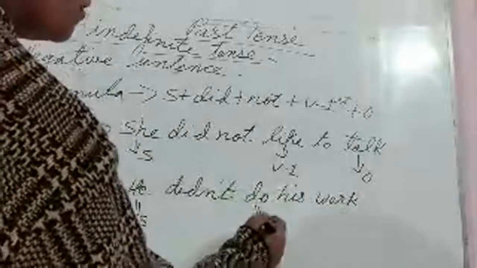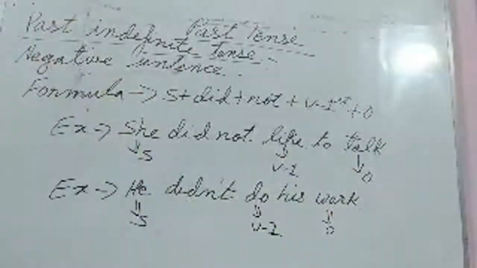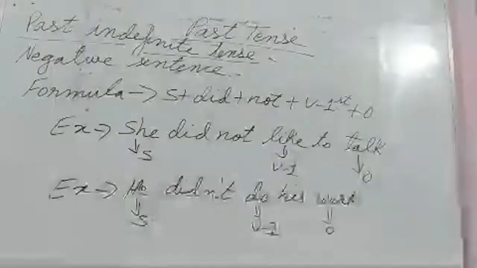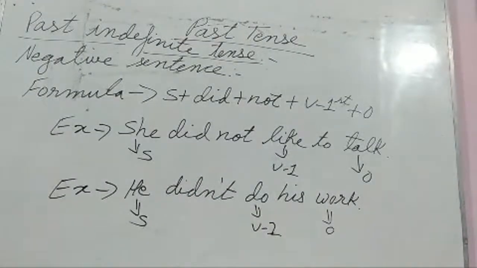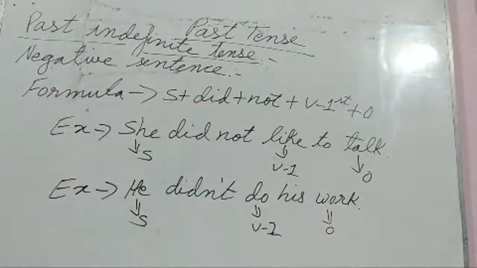Here do is the verb of first form. Okay, and his work. Work is your object. So here are two examples related to the negative sentence of past indefinite tense. That is, first example, she did not like to talk. He didn't do his work.